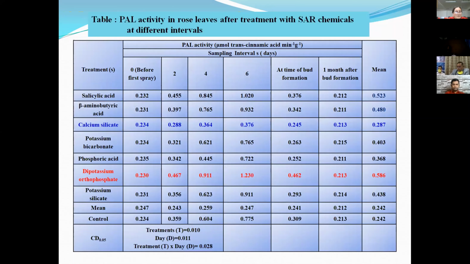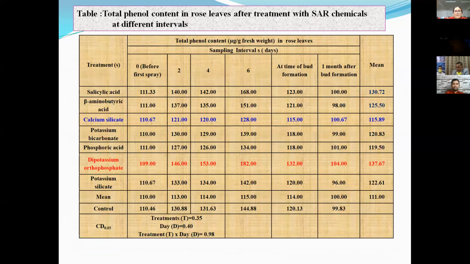This is the phenylalanine ammonia lyase activity we have observed, and it also increased up to the 6th day of the first spray, and thereafter at the time of bud formation, as the reproductive stage starts, there is a reduction in the resistance induced, because this is only active before bud formation, and thereafter we have to spray again with foliar applications.